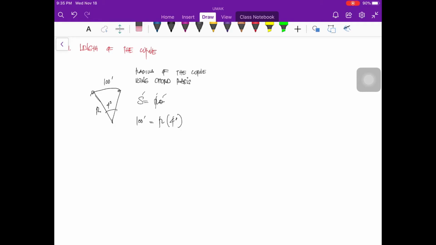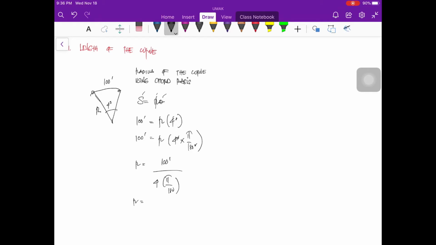So 100 feet is equal to R times the 4 degrees converted to radian, so that's pi all over 180 degrees. Cancel degrees. So R will be 100 feet all over 4 times pi all over 180. Let's compute.